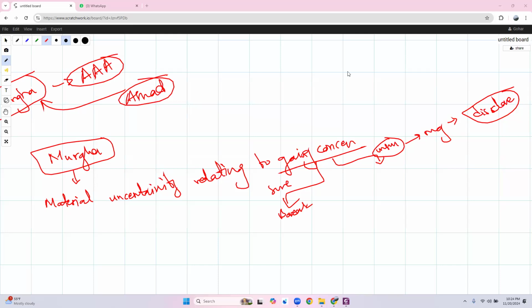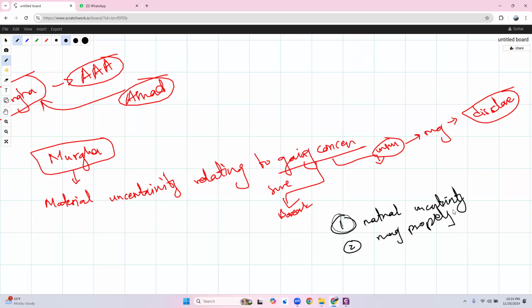Okay. Now remember this one simple thing and keep it on your fingertips as long as you can for the rest of your life if you want to become an auditor. Remember this one very important thing. Number one thing to remember is that whenever there is a material uncertainty in regard to the going concern, number two thing, the management has properly disclosed it.